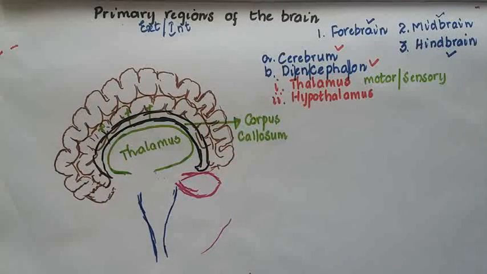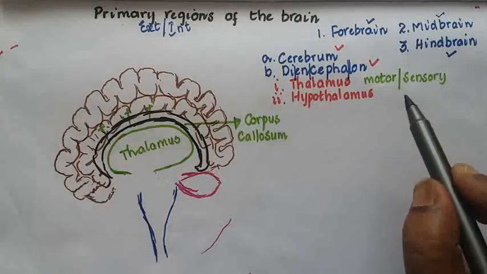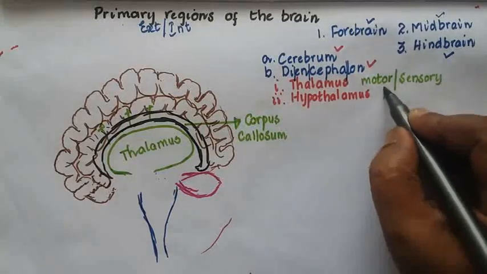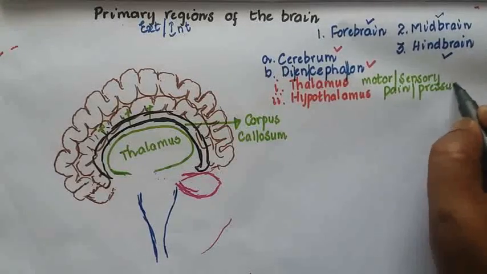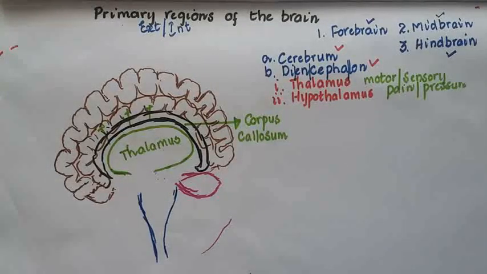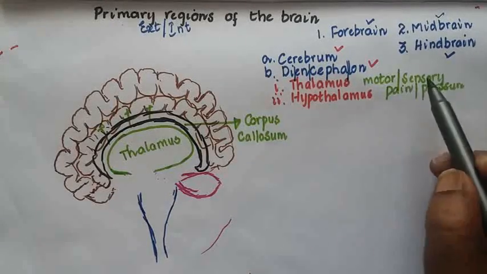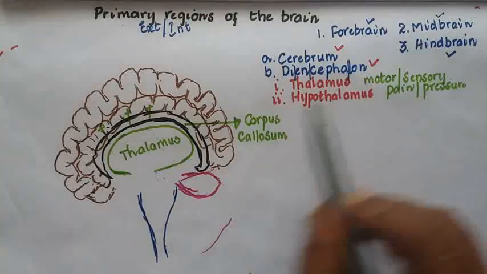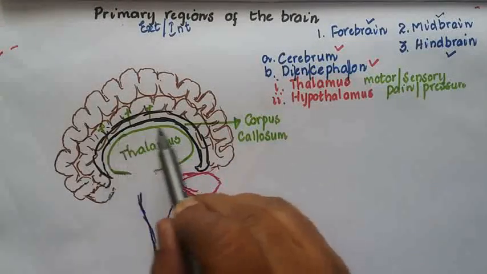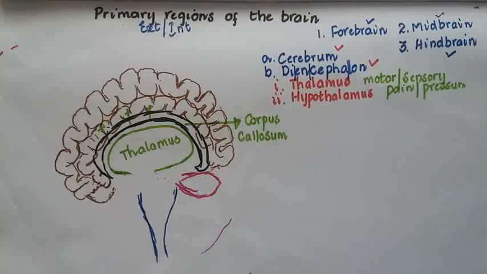In a simple way, we can say that it helps in the conduction of impulses like pain followed by pressure. So the thalamus is concerned with conducting motor and sensory impulses such as pain and pressure impulses to the cerebrum. To identify it, the thalamus is an egg-like structure situated below the cerebrum.